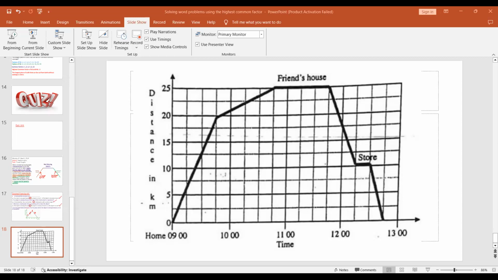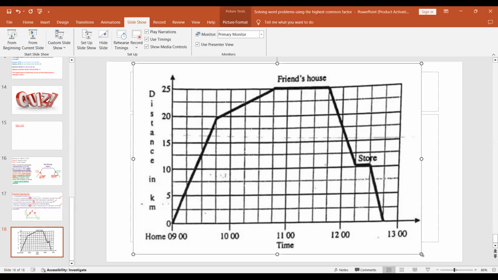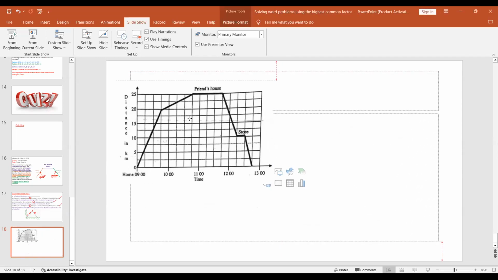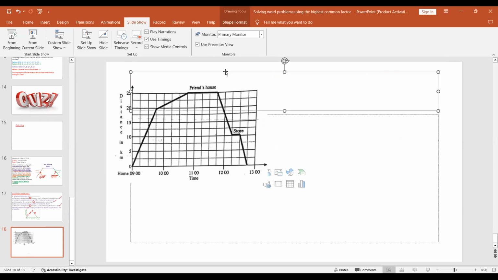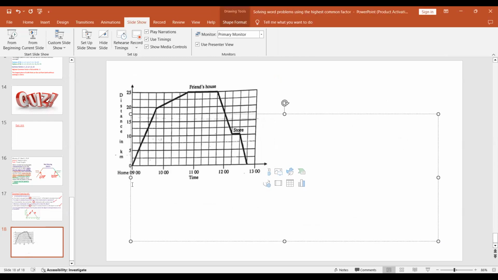Make sure you copy down that graph. All right, based on this graph, let's answer some questions. I'm going to make this smaller so we can have space to answer our questions, but make sure you draw the graph as well.